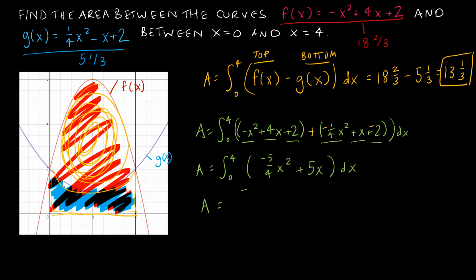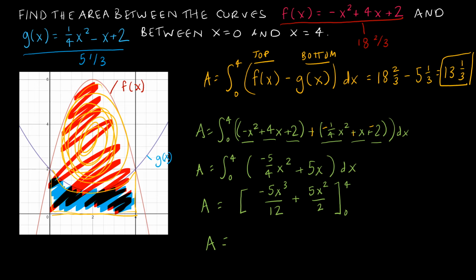Again, to find the area, I'm going to integrate x squared, which is going to give me x cubed over 3, combined with that negative 5/4 gives me negative 5x cubed over 12. And then if I integrate x, that gives me x squared over 2. Multiplying that by 5, it's 5x squared over 2. Again, from 0 to 4. So the area is going to be me plugging in the 4.